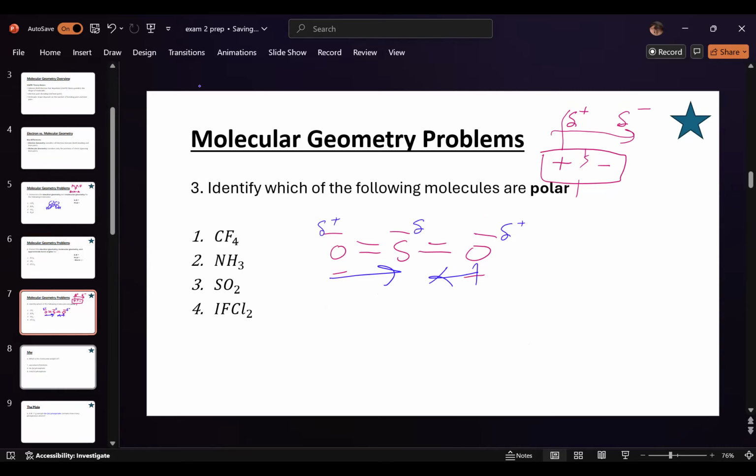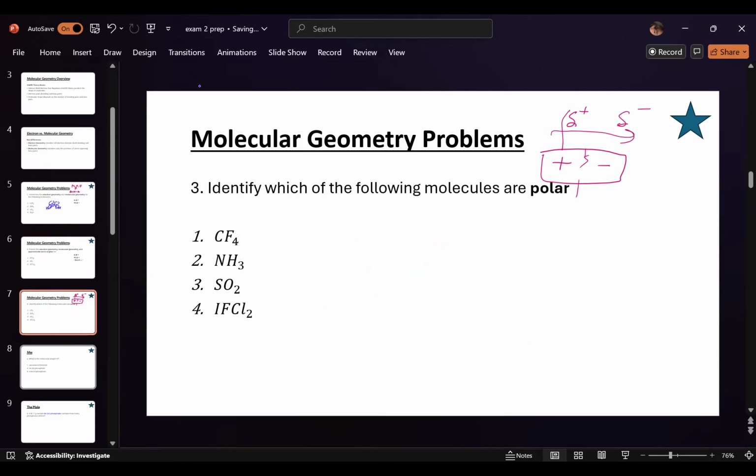Therefore, sulfur holds the negative charge better. But also because you have lone pairs here, that lone pair will also help hold that charge better than oxygen would, and it will be polar.